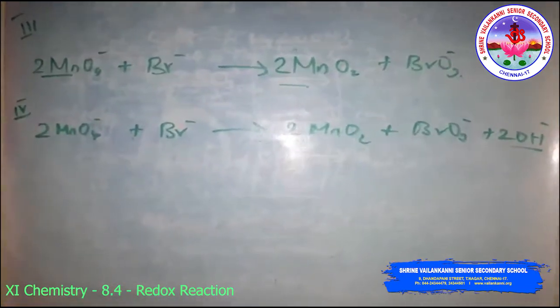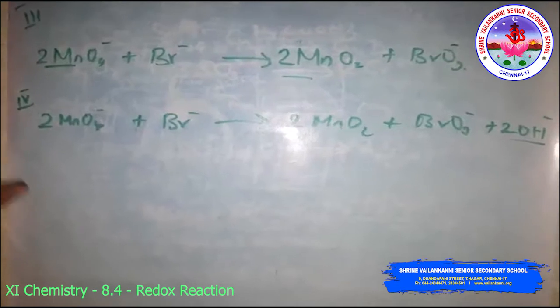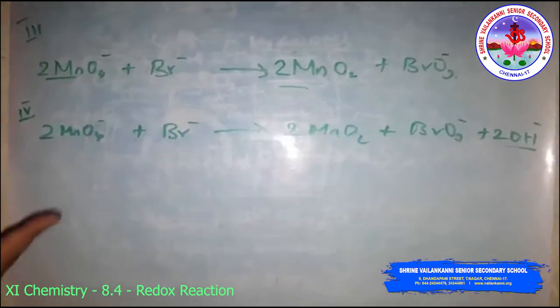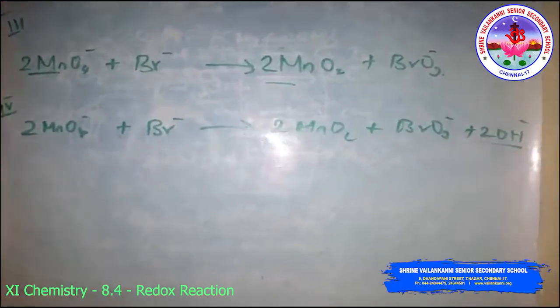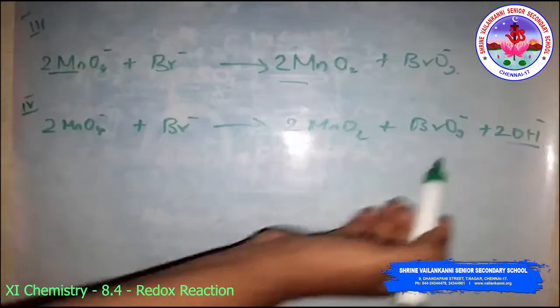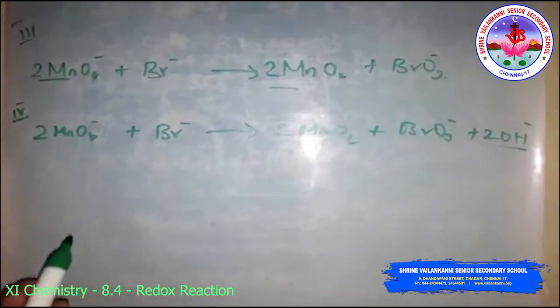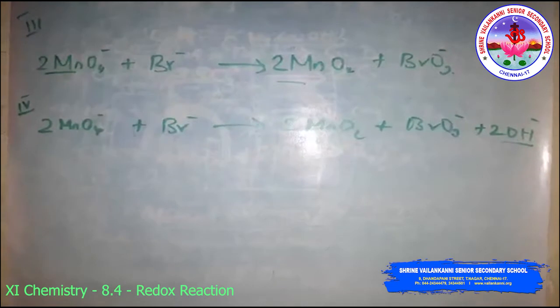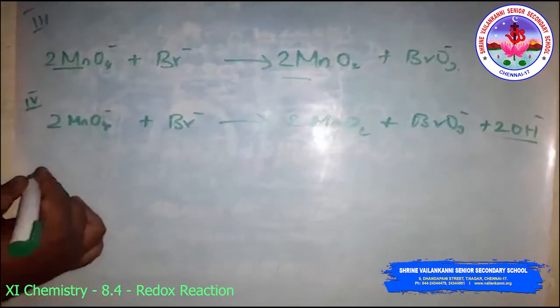Then the last step: finally count the hydrogen atoms and add the appropriate number of water molecules on the left hand side, because the right hand side has OH, so you have to add water molecules on the left hand side. Then you can balance the equation.